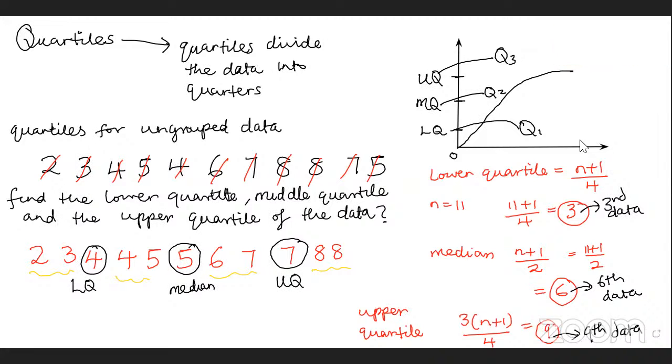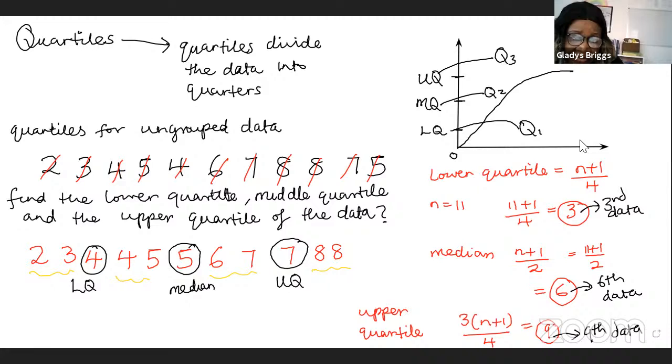Teacher, I don't understand why the lower is 4. Why it's not 2? Why the upper quartile is 4? Which 4 are you talking about?